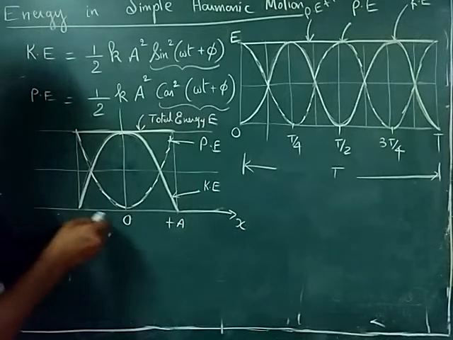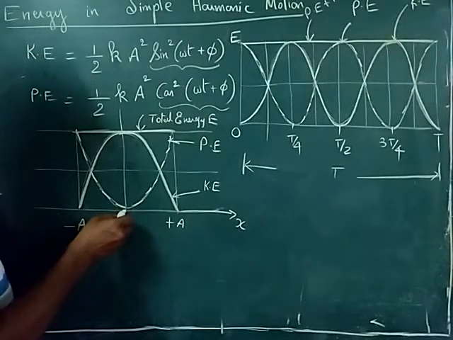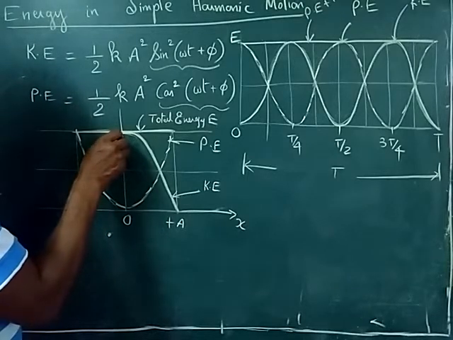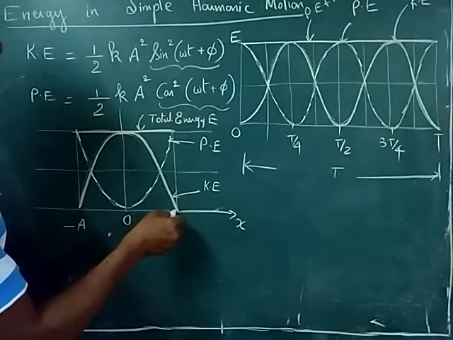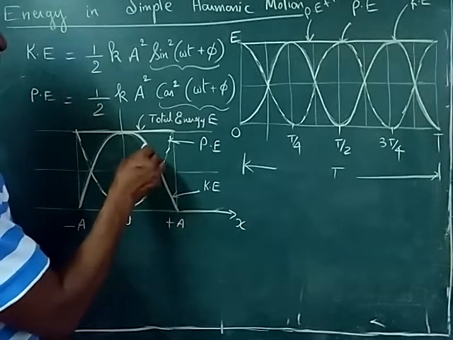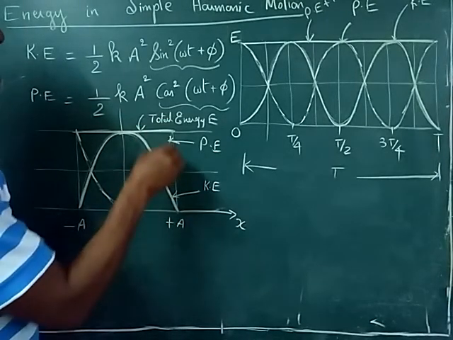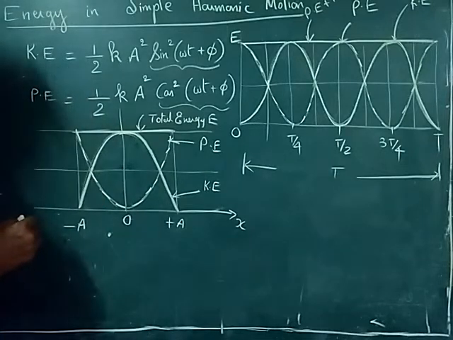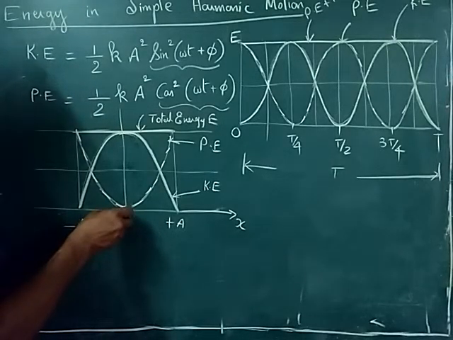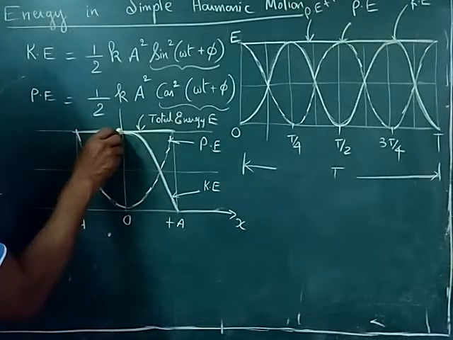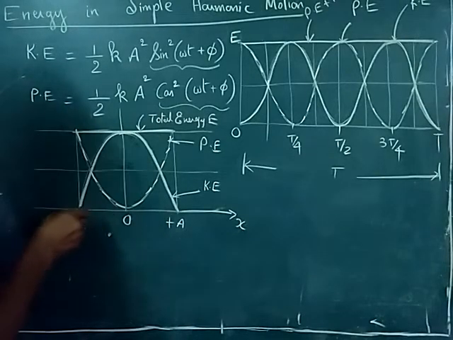That means that if you see at 0, potential energy is 0, whereas kinetic energy is maximum. When you see at x is equal to A, kinetic energy is 0, potential energy is maximum. Whereas when it is 0, kinetic energy is maximum, and at minus A, kinetic energy is 0.